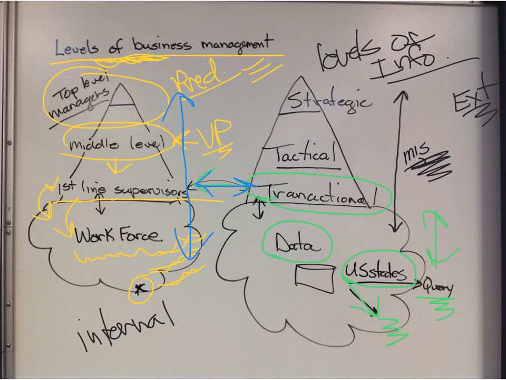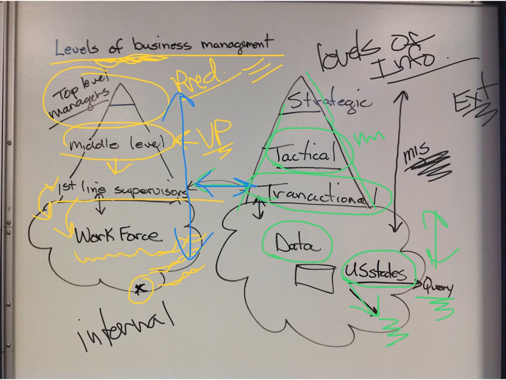That makes sense? Now, tactical information. We have less information. We're getting smaller. But it's used to make week in, week out decisions, or maybe decisions based on the season of the year.